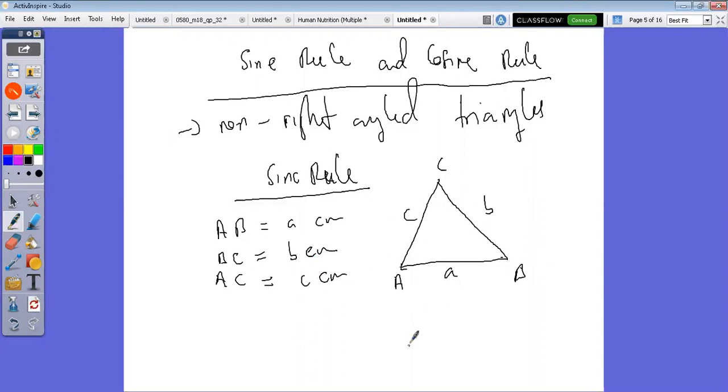This is just an example. If you are drawing a diagram, let's name these angles. Let's use a different letter, say M degrees.